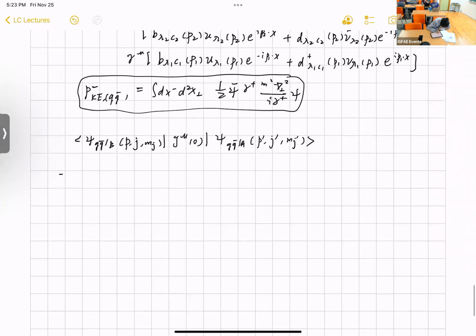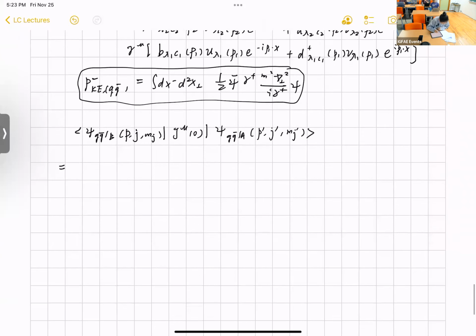Okay, so I'm just putting in what we have written in the beginning, the expression for the meson state. I have 1 over square root of NC for both A and B, so together this is just 1 over NC. And I and J are the color indices.